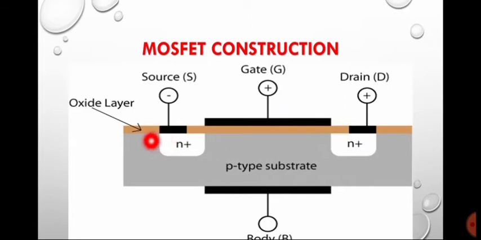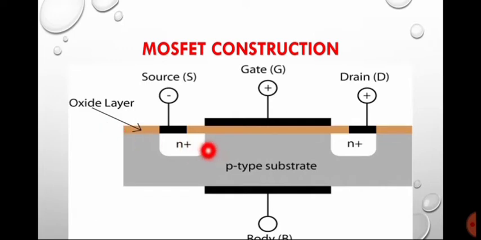This is N, this is also N. On this P type substrate, see the brown line which is closed, which is nothing but an oxide layer, closed over this P type substrate. The P type substrate is totally covered by this oxide layer.